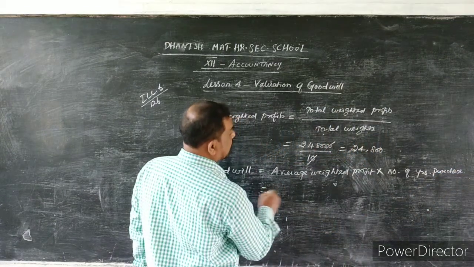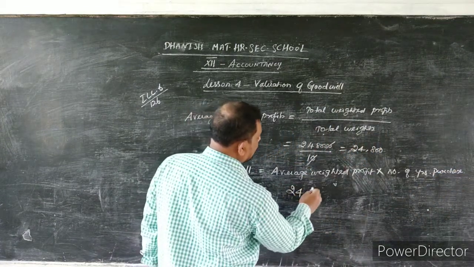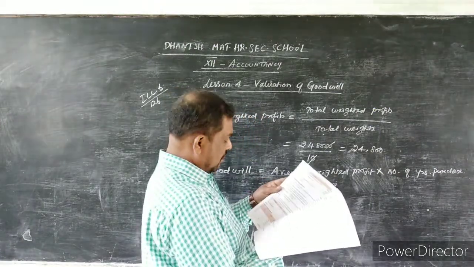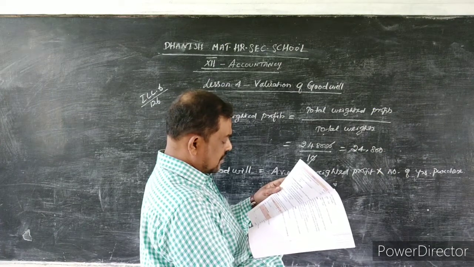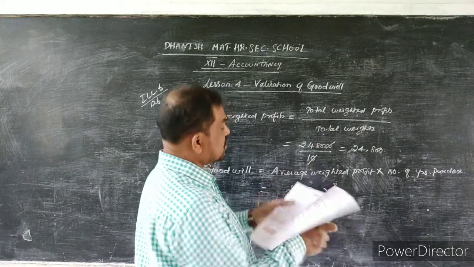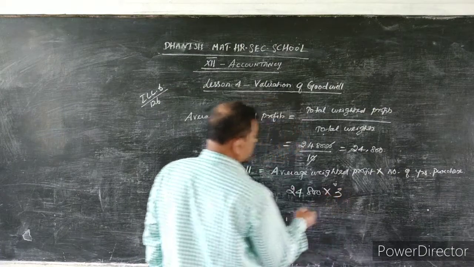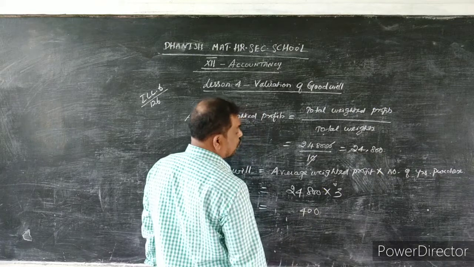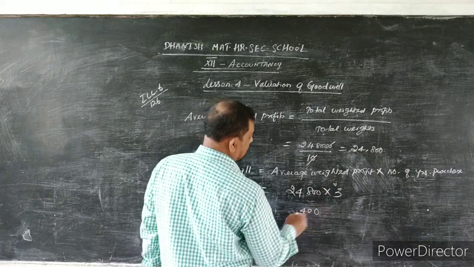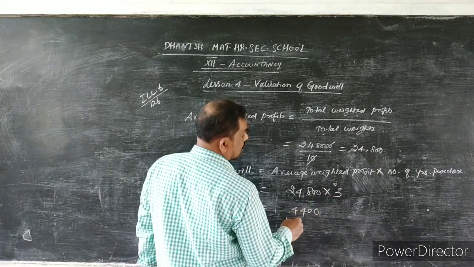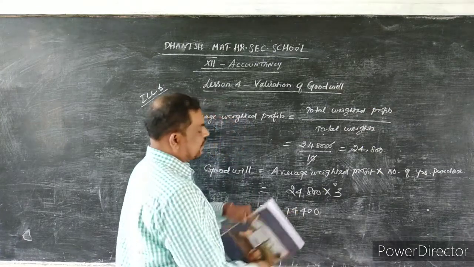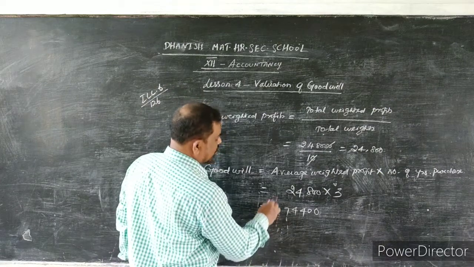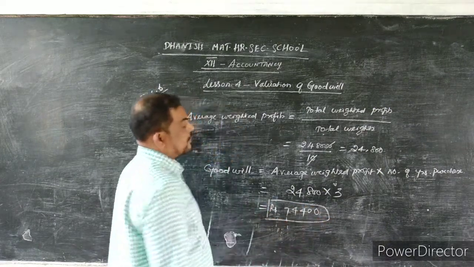What is the average weighted profit here? 24,800. Years of purchase they have given: 3 years. So 24,800 into 3: 8 3s are 24, carry 2. 4 3s are 12 plus 2, 14, carry 1. 2 3s are 6 plus 1, 7. 74,400 rupees. This is the goodwill by weighted average profit.